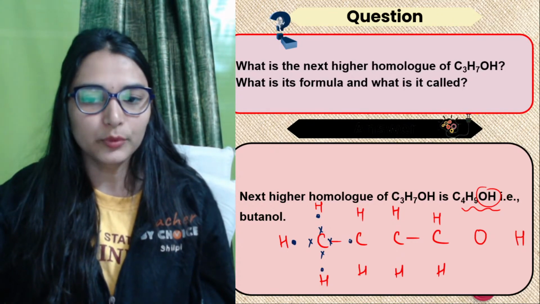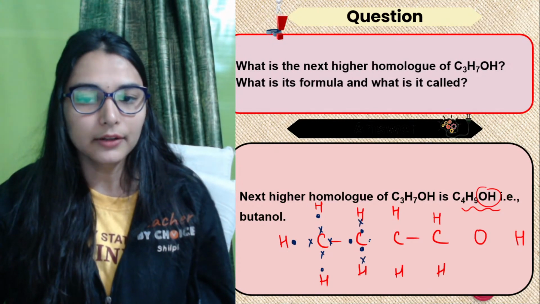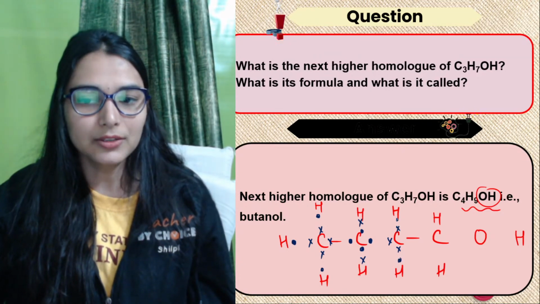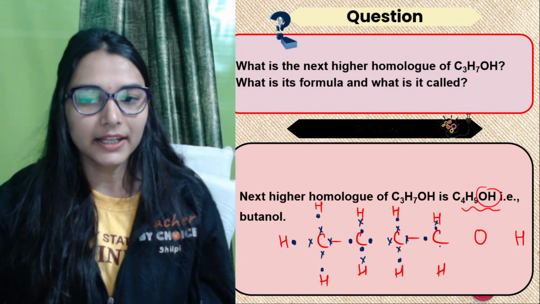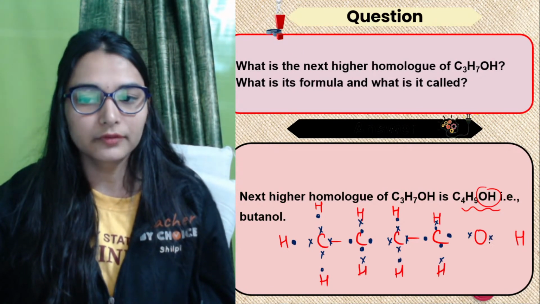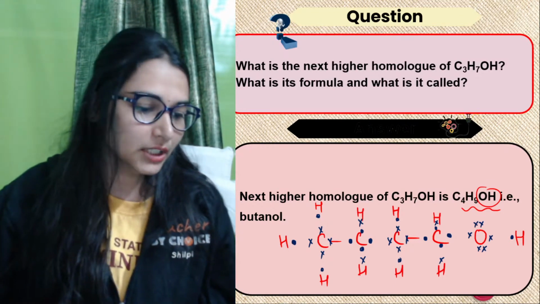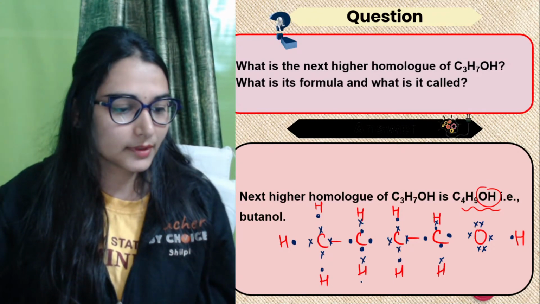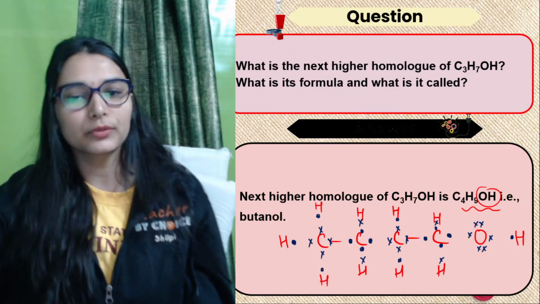Similarly, this carbon is sharing 1 electron with the hydrogen, 1 with this hydrogen, 1 with this carbon. This carbon is sharing 1 here, 1 here, 1 here. Sharing 1 electron with the hydrogen, 1 with the oxygen, 1 here. And these are the remaining electrons of oxygen. Can you show that? Yes, that's easy. So this is how you will show the electron dot structure.